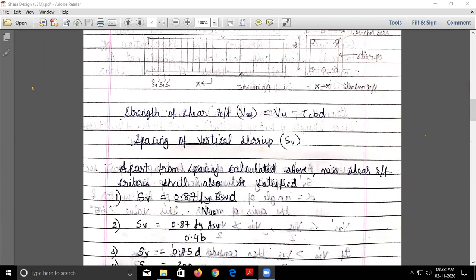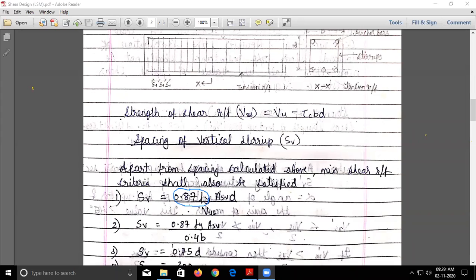Okay, so here I have just added Vu. U means ultimate, for factored load. So the only difference here is, okay, I'll just show. The only difference here is this part, 0.87 fy. Okay, there it was sigma sv, and here this is the additional term, 0.87 fy.